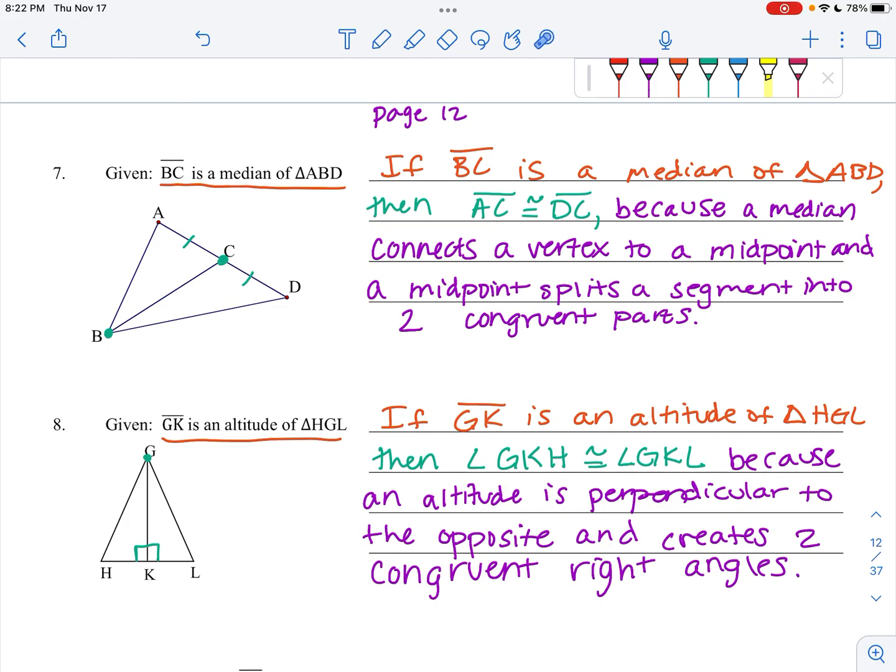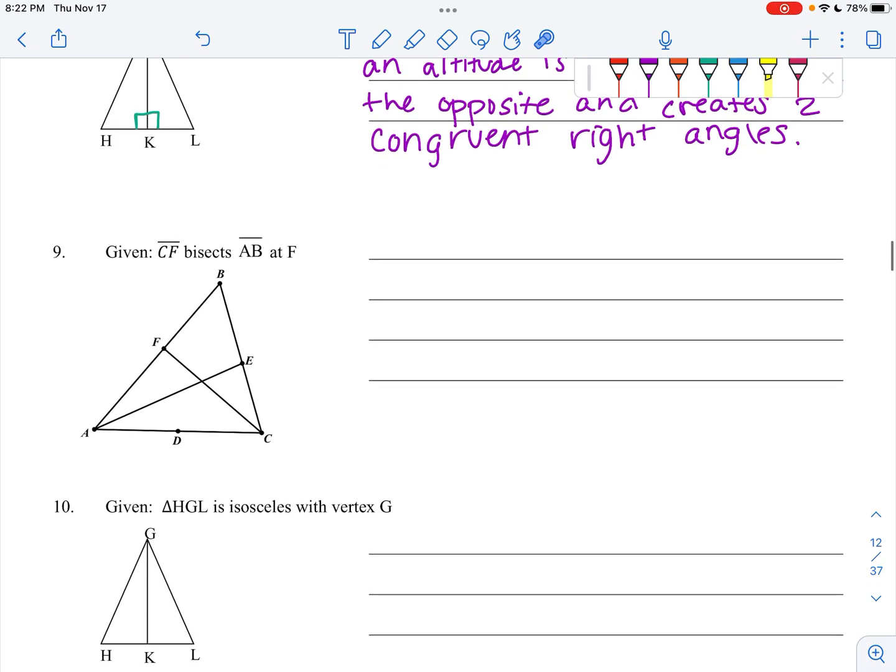So notice again, the if is what is given, the then is the conclusion. Often when we're trying to prove triangles congruent, the conclusion is ideally that two things are congruent, and that's what we're trying to identify. And then the because explains why we know that.